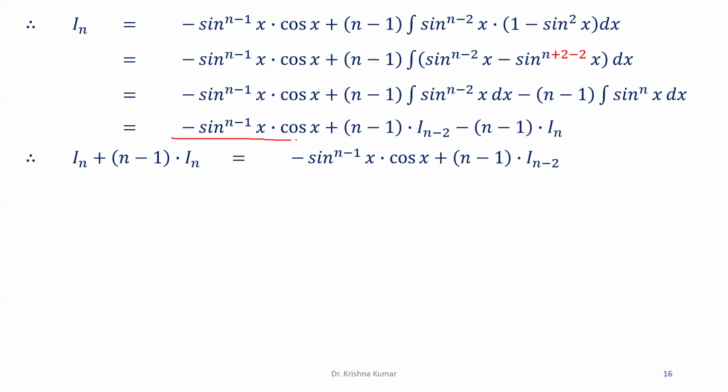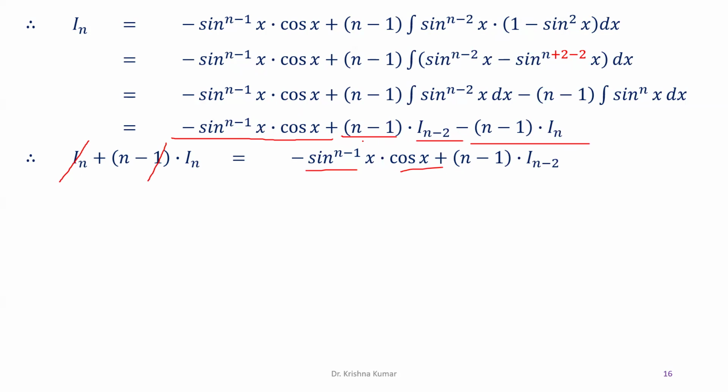Minus sine to the power n minus 1 x into cos x, plus n minus 1 into I_(n minus 2). And we have transposed this to the left hand side. So now this I_n and this I_n will cancel and we have the remaining minus sine to the power n minus 1 x into cos x, plus n minus 1 into I_(n minus 2).